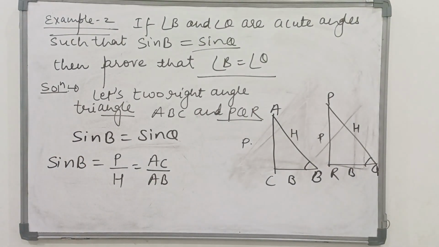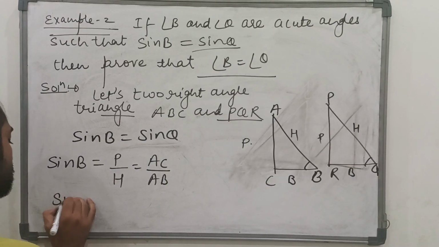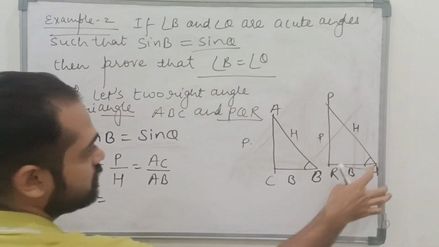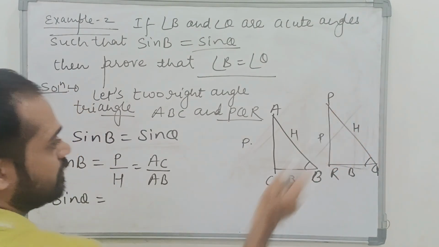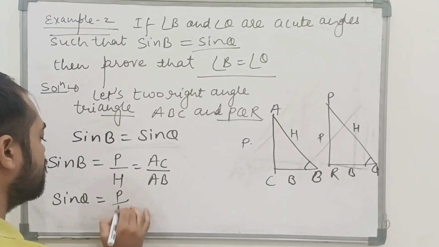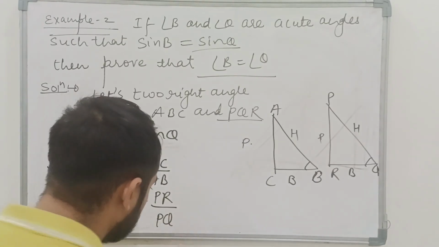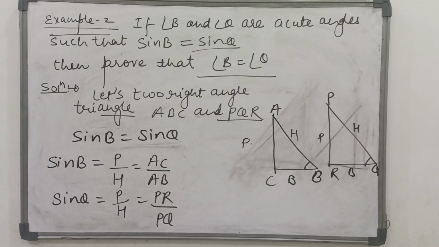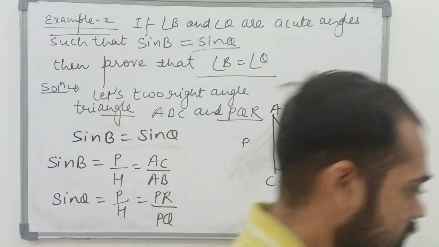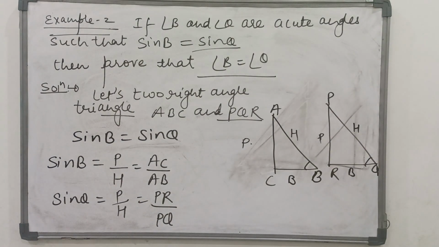Sin Q is also perpendicular upon hypotenuse, PR upon PQ. This is PR upon PQ. Understood? Yeah, PR upon PQ. This is a very important question. Okay, next question.